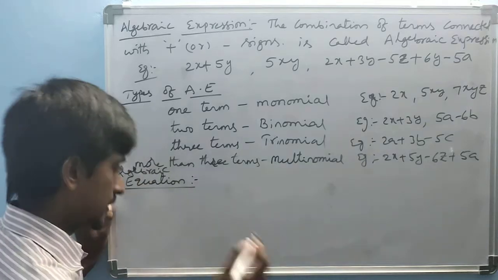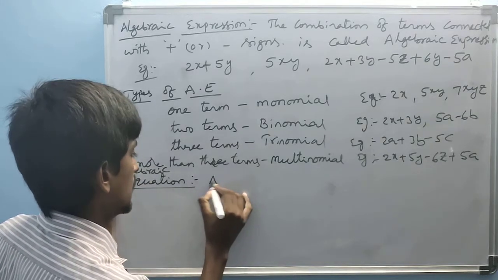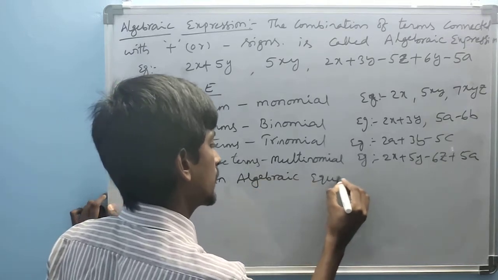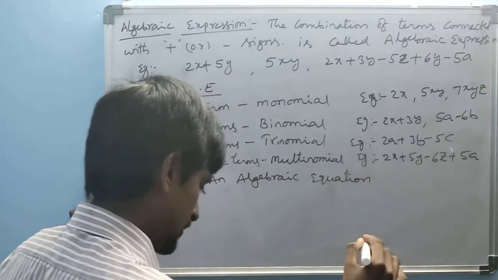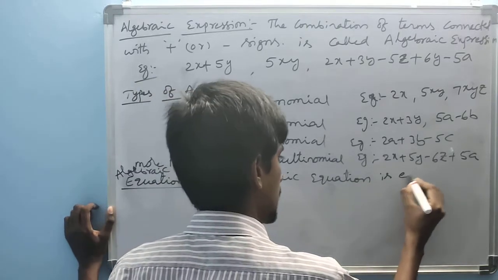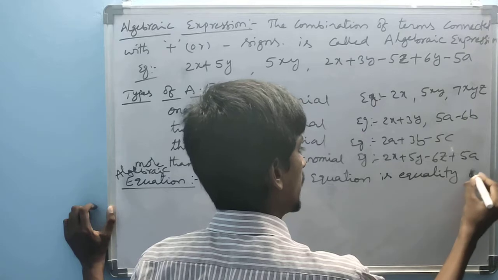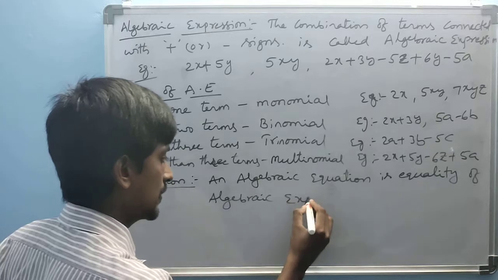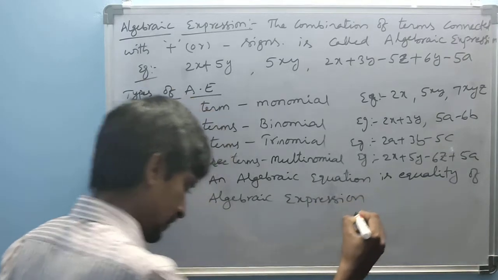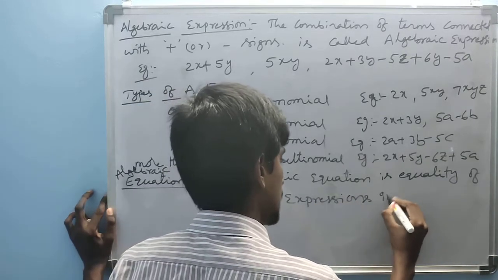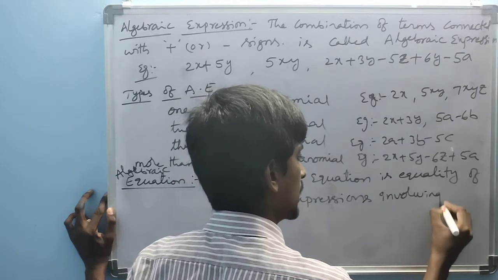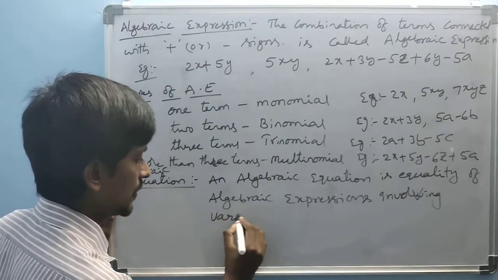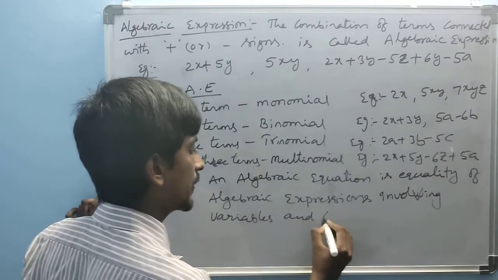An algebraic equation is the equality of algebraic expressions involving variables and constants.